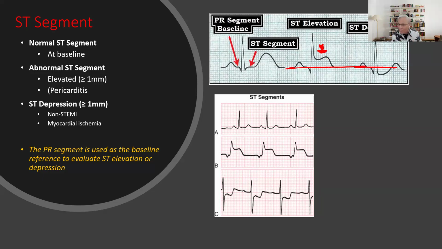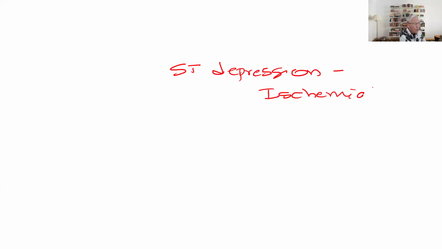Elevated. ST elevation is a manifestation of STEMI, okay? So ST depression is a sign of ischemia, myocardial ischemia.